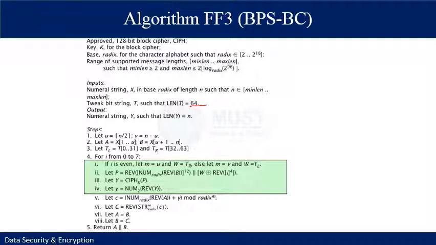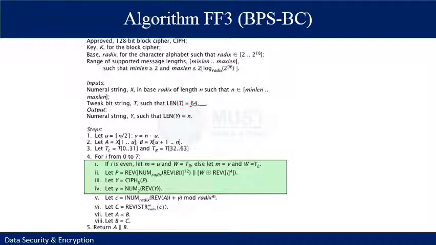The results are again reversed and a 32-bit encoding of round number I is used in a 4-byte unit, which is reversed and then XORed with W and P. In the third step, P is encrypted using the encryption key K, which yields Y. The fourth step is similar to the step in FF1 except that Y is reversed before converting it to a numerical string in base 2.